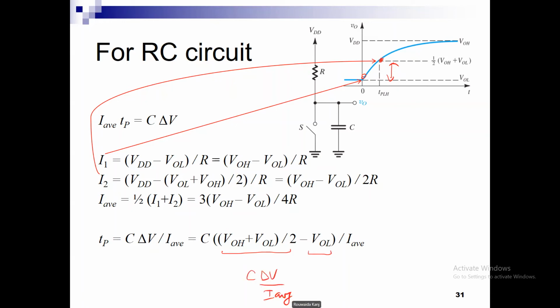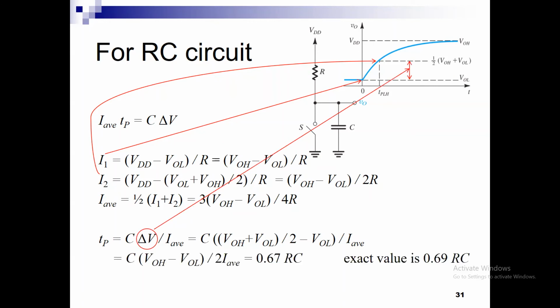Okay, if we do the calculations, we will wind up finding that this is the delta V basically. We will end up finding that the delay comes out to be 0.67 RC because the VOH and VOL results are a function of VOH minus VOL. So if you notice here, this is VOH minus VOL and delta V is a function of VOH minus VOL times the time constant.